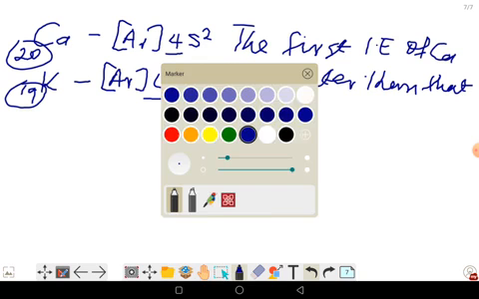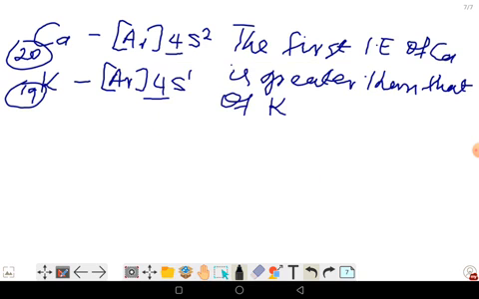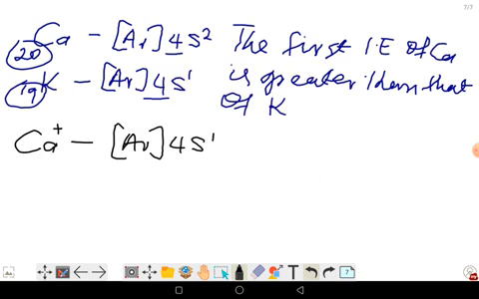So for second IE, calcium is going to be Ca+, which means it's going to be argon core 4s1. That is the second IE configuration of calcium.